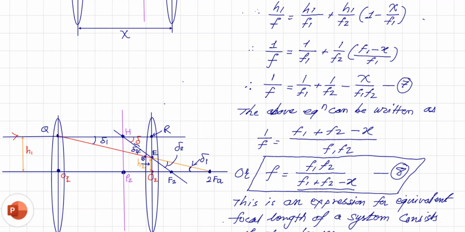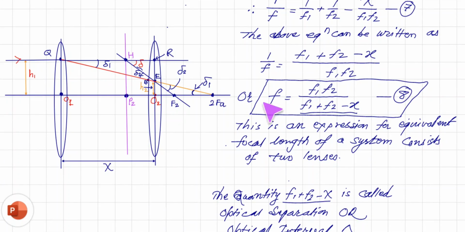So remember that. Now suppose these two lenses are connected, then when x is 0, these terms automatically get cut. Equivalent focal length f is equal to f1 f2 upon f1 plus f2.